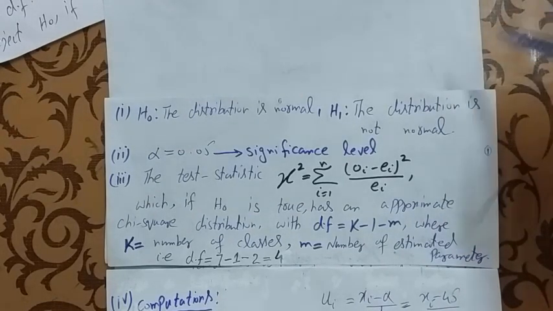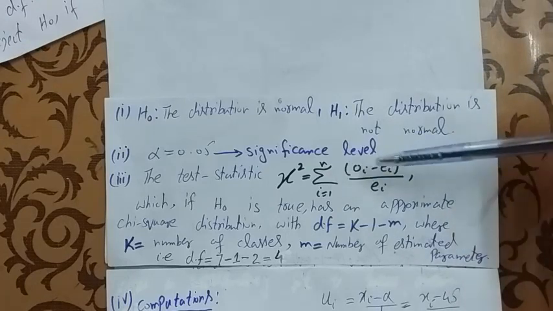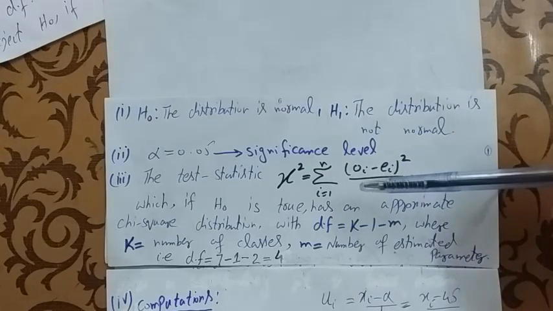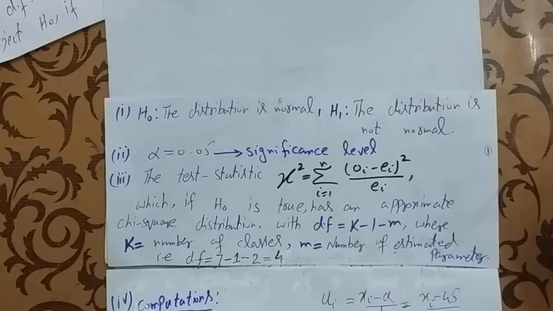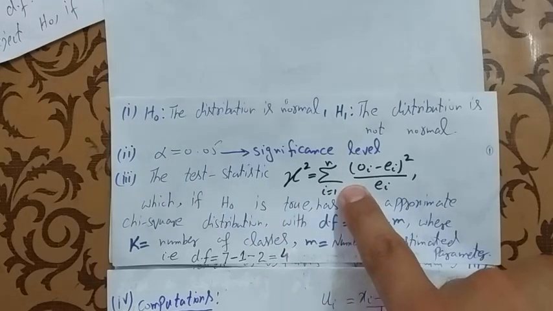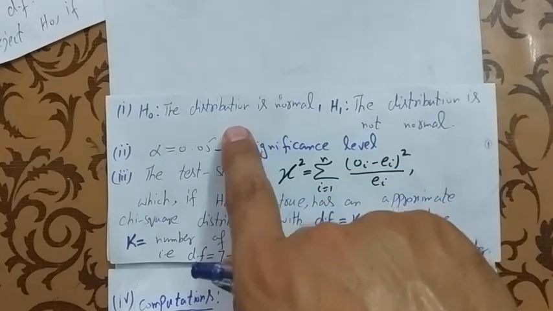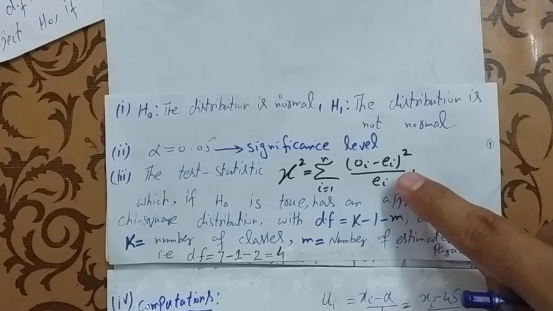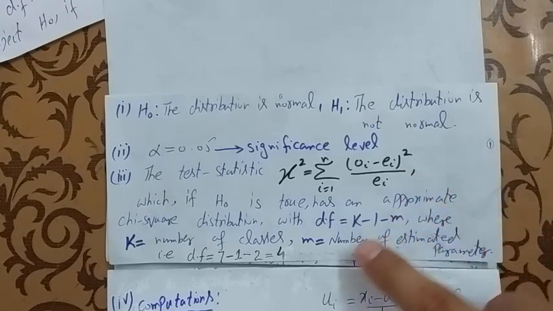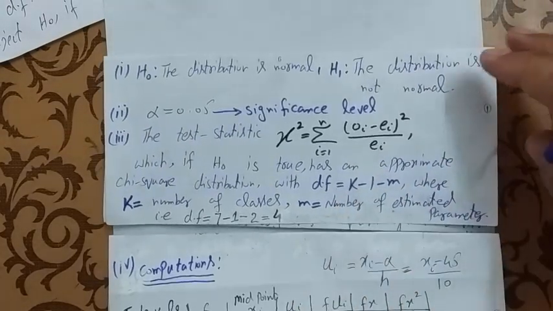The test statistic for the test of goodness of fit always uses this formula: chi-square equals the summation of (Oi minus Ei) whole square divided by Ei, where Oi is the observed value and Ei is the expected value. This statistic holds when H naught is true, with degrees of freedom k minus 1 minus m, where k is the number of classes and m is the number of estimated parameters.